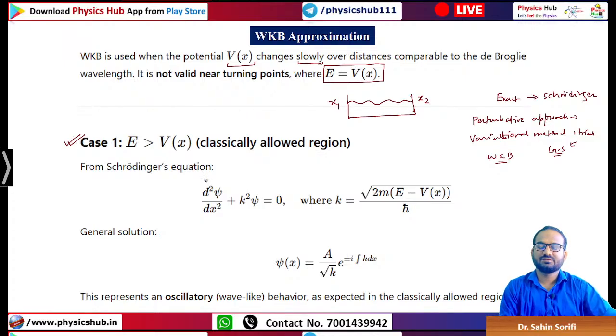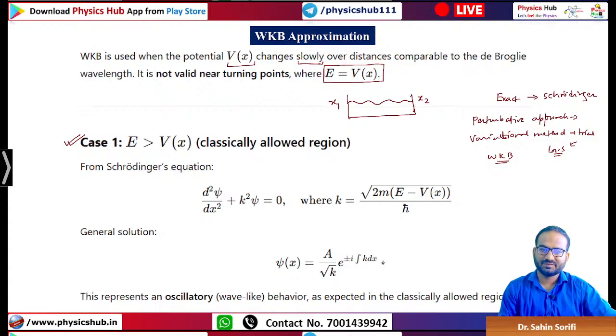For this case, the Schrodinger equation is d square psi by dx square plus k square psi equals 0. But we have done it so many times, right? When E is greater than V, k is the square root of 2m(E minus V of x) by h cut square, keeping h cut under the root. For such cases the general solution becomes psi of x equals A by square root of k, e to the power plus minus i integral of k dx.